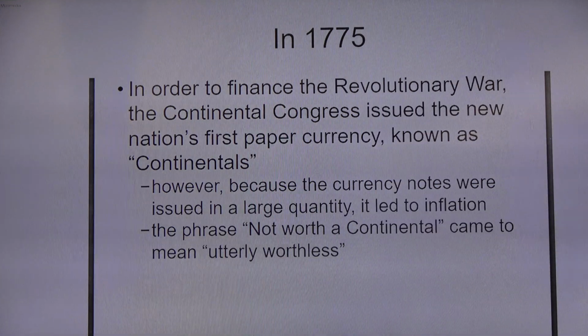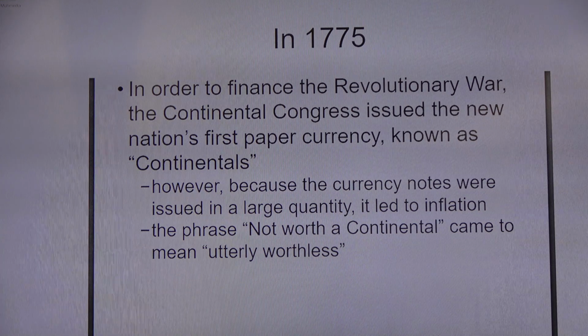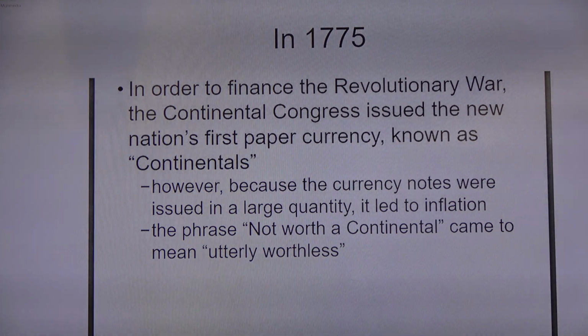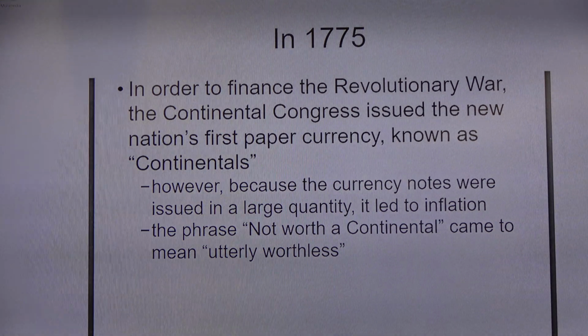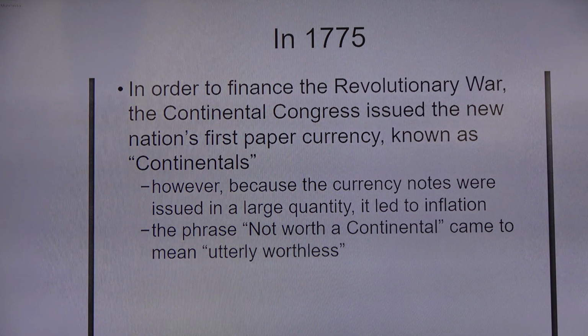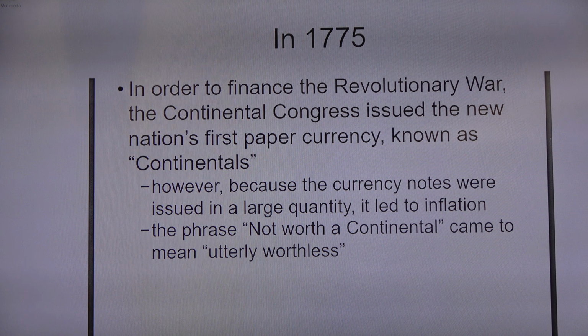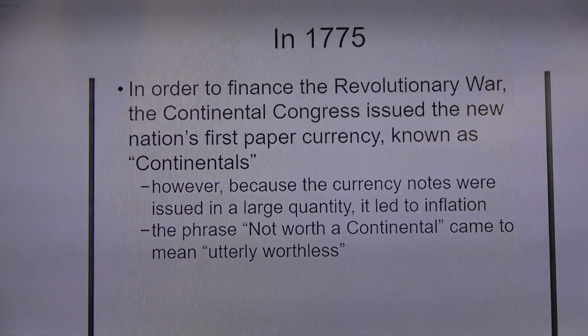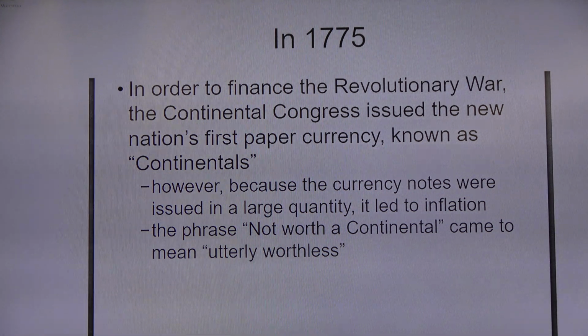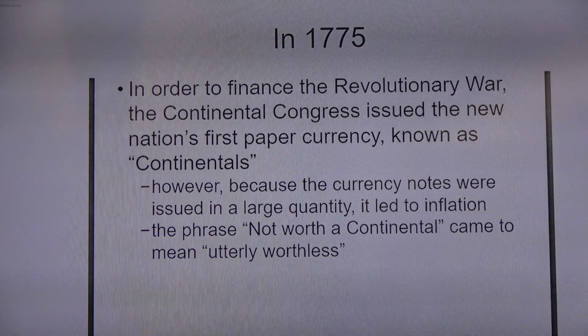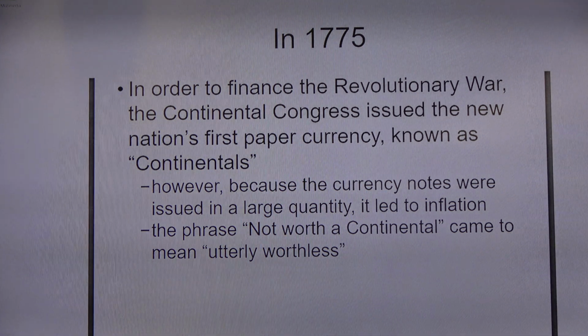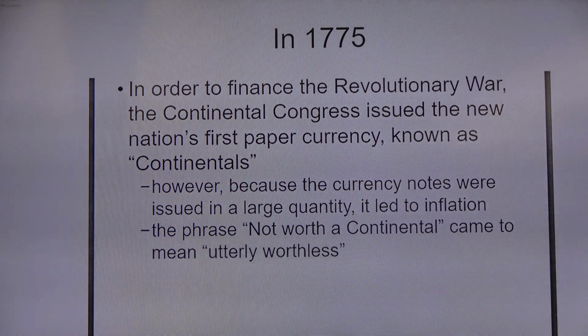So in 1775, in order to finance the Revolutionary War, because war costs money, the Continental Congress issued the new nation's first paper currency known as Continentals. However, because the currency notes were issued in large quantity, so they weren't as savvy then about supply and demand, they issued too much of it.